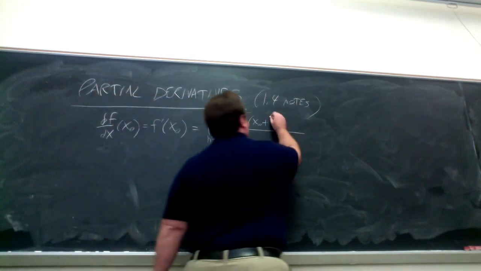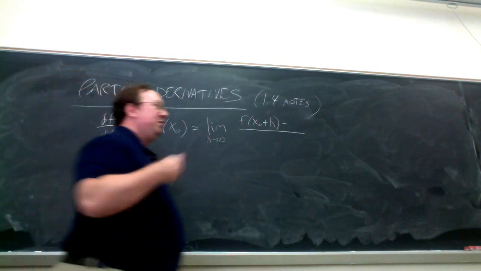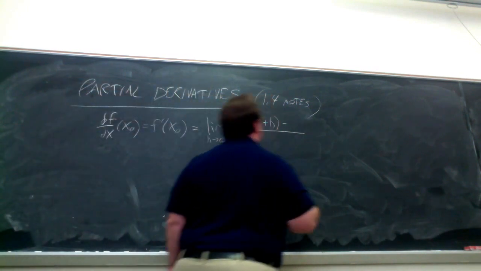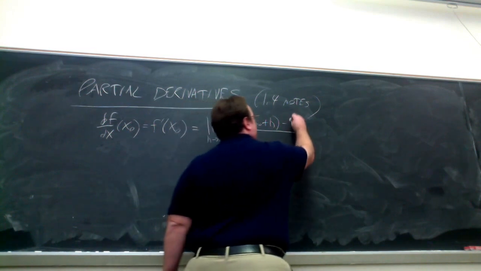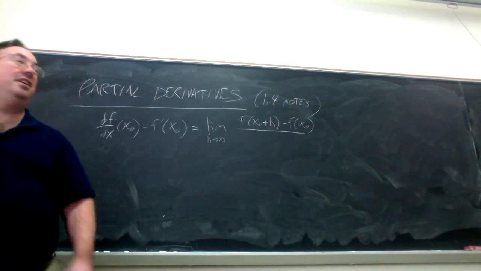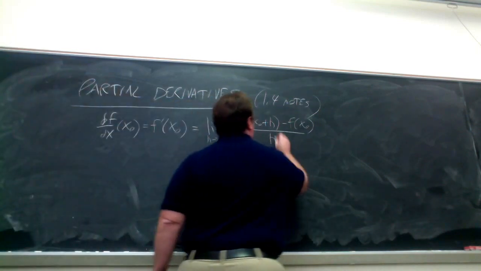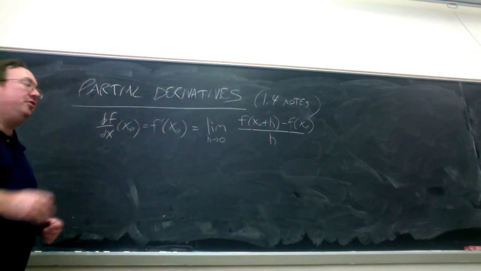Yeah, just put it out there. Moves class along, right? Even if it's wrong. Okay. f of x naught plus h minus f of x naught, divided by h. This is a slope, as someone said. So change in y over change in x, but the change in x is going to 0.